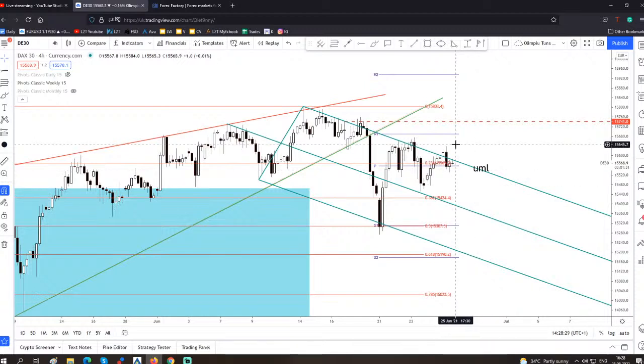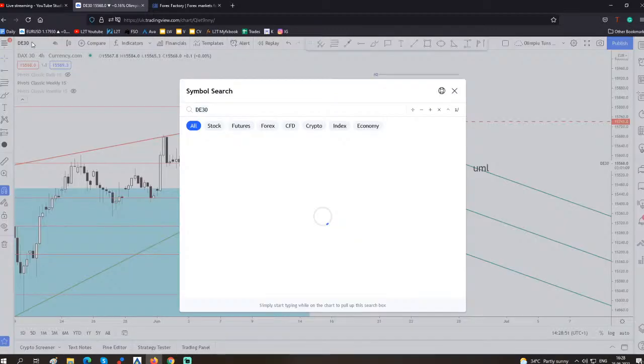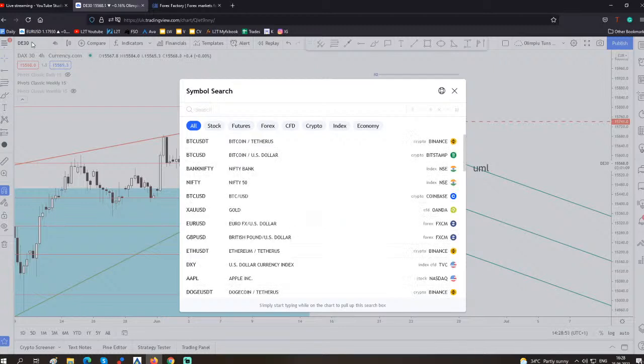Maybe if the price makes a valid breakout, a new higher high, it could jump higher. We need confirmation here because it has registered only a false breakout again above this upper median line, above this dynamic resistance. So we'll have to wait here on the DAX 30, guys.